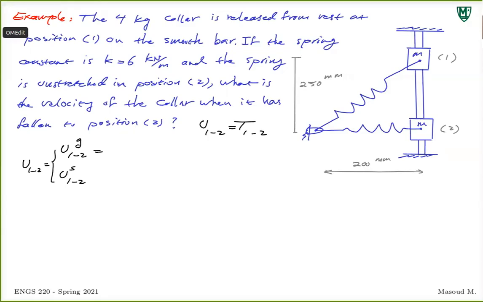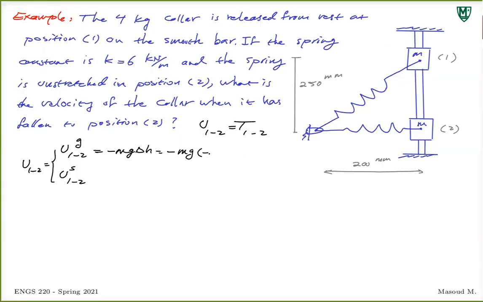Negative mg delta H. Well, then what is H, and what is the final number? 250 millimeters. So we have minus mg delta H. It's minus mg. H is 250 millimeters. Negative 250, exactly.